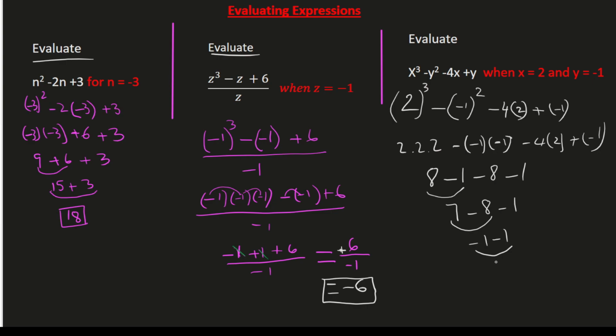Minus 1 minus 1 is minus 2. And this is the value of this polynomial when x is equal to 2 and y is equal to negative 1. We're going to stop here for today, and I'll see you in the next video.